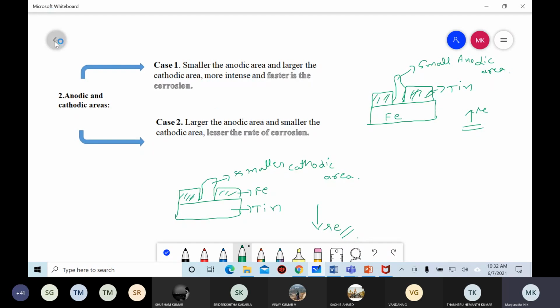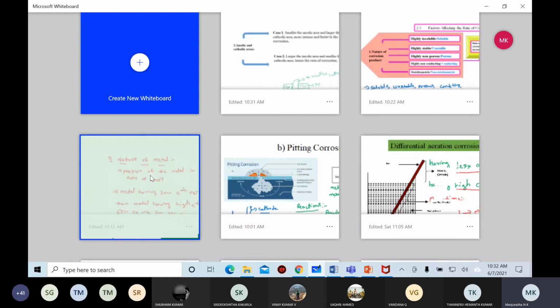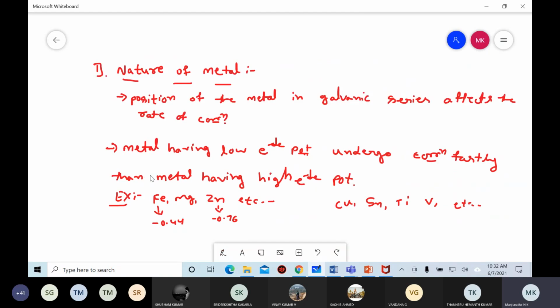If they ask about the nature of the metal, you need to write down these 2 points. One is the position of the metal in the galvanic series decides the rate of corrosion. Second, a metal having lower electrode potential undergoes corrosion faster than a metal having high electrode potential.